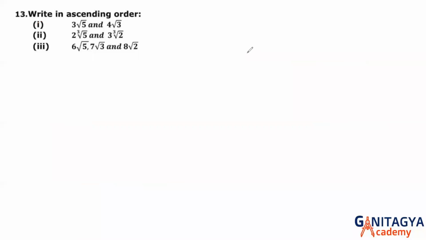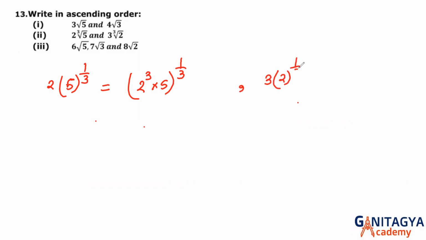Okay, so next is 2 times 5 raised to 1 by 3. Similarly I can write this as 2 cube into 5 and its power is 1 by 3, isn't it? And similarly the second one is 3 times 2 raised to 1 by 3, so I can write it as 3 cube into 2 and its power is 1 by 3.